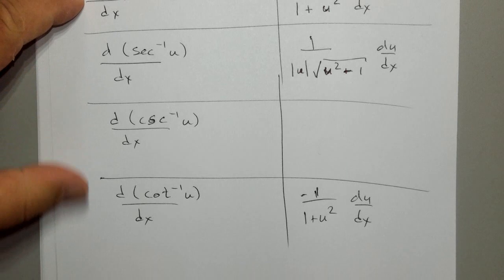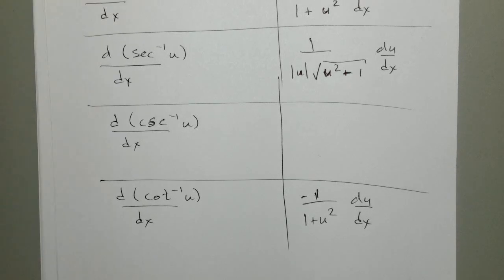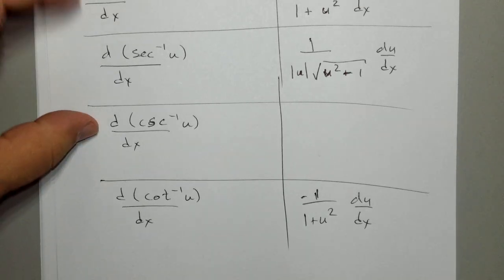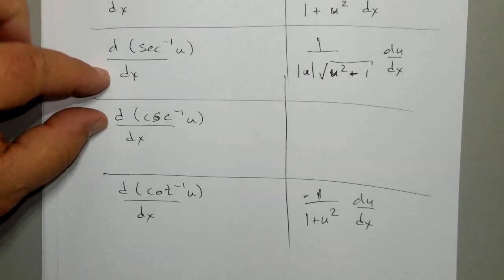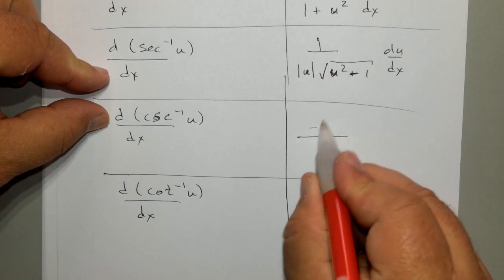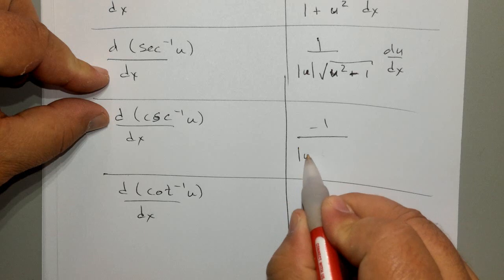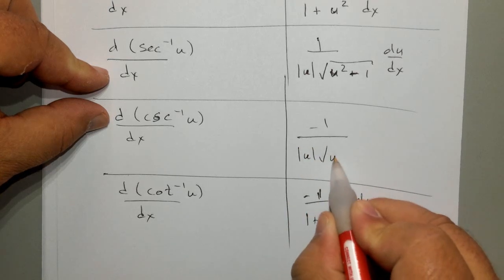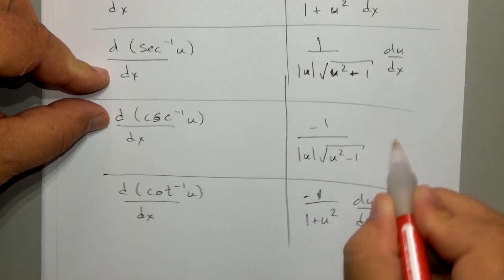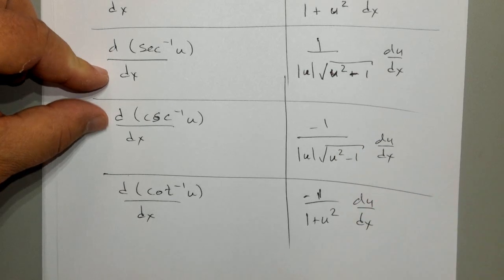Because the tangent was 1 plus, it's positive and negative. And cosecant is the opposite of the secant, which makes it negative 1 over absolute value of u times the square root of u squared minus 1, du dx.